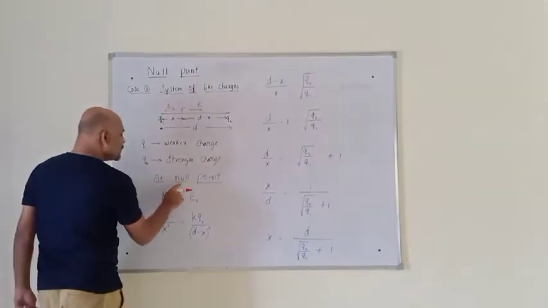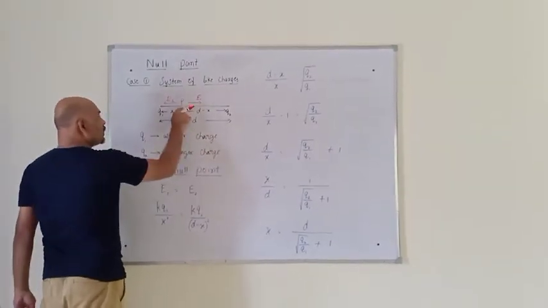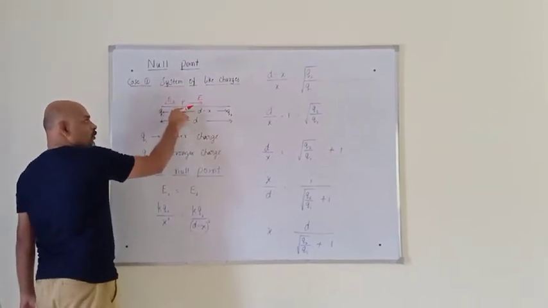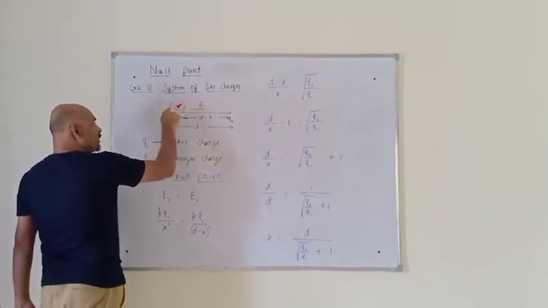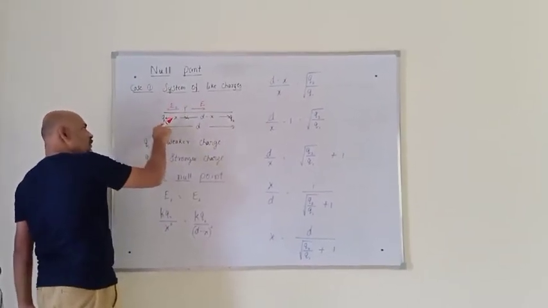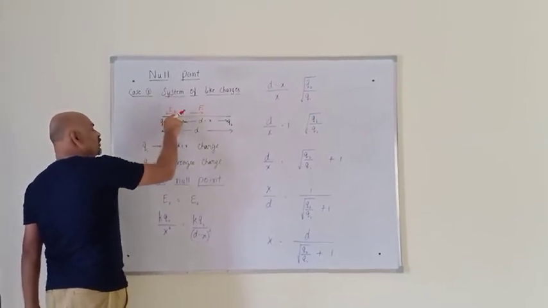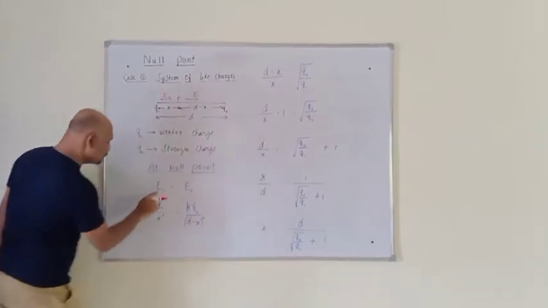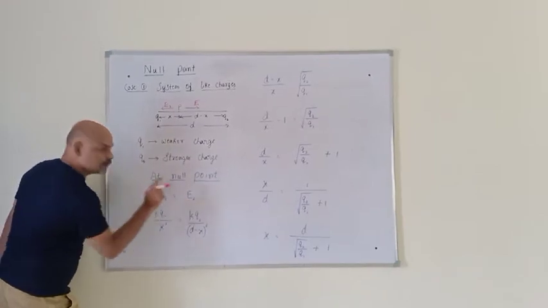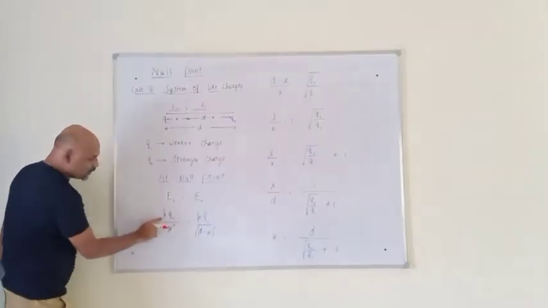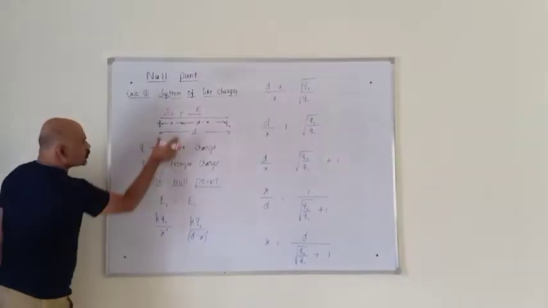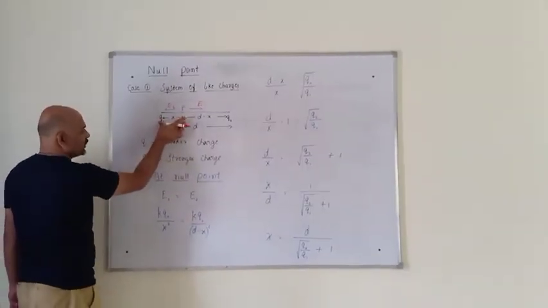Now, notice that at the null point, the total electric field should be equal to 0. Because of this, the electric field due to Q1 should be equal to the electric field due to Q2. That means E1 must be equal to E2. So here E1 is equal to 1 by 4 pi epsilon naught Q1 divided by x square. Look at this distance x.